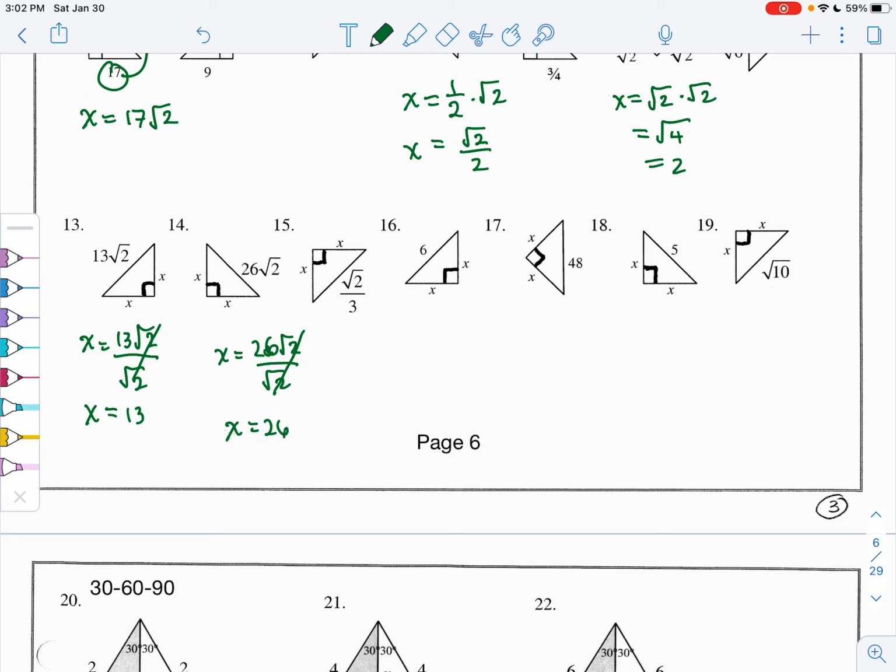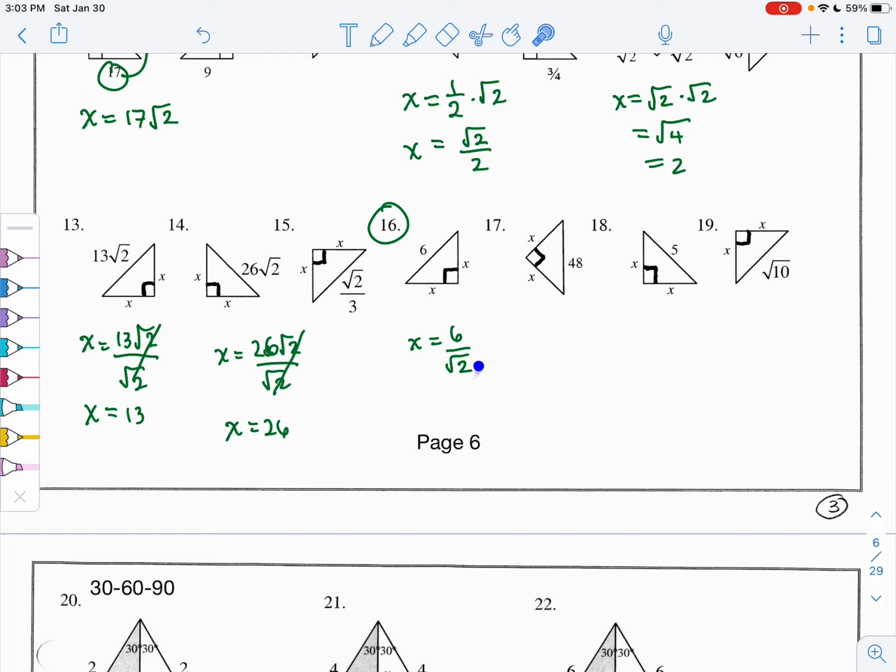Now the trickier questions will have radicals. It really isn't difficult because of the operation, but because of just simplifying radicals. So let's take a look at 16. What happens if you're given the hypotenuse? You know you have to divide by radical 2 because you're going backwards to get the legs. In simplifying this type of radical, we do something called rationalizing. Rationalizing means that one of the rules for radicals is that you cannot have a radical at the bottom of a fraction.